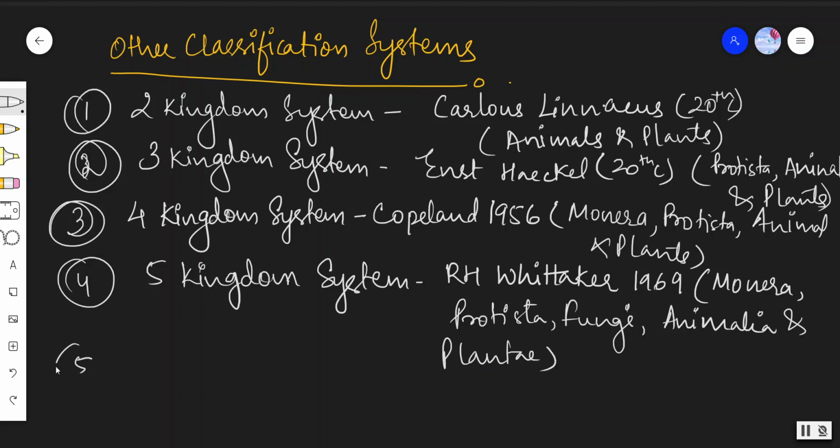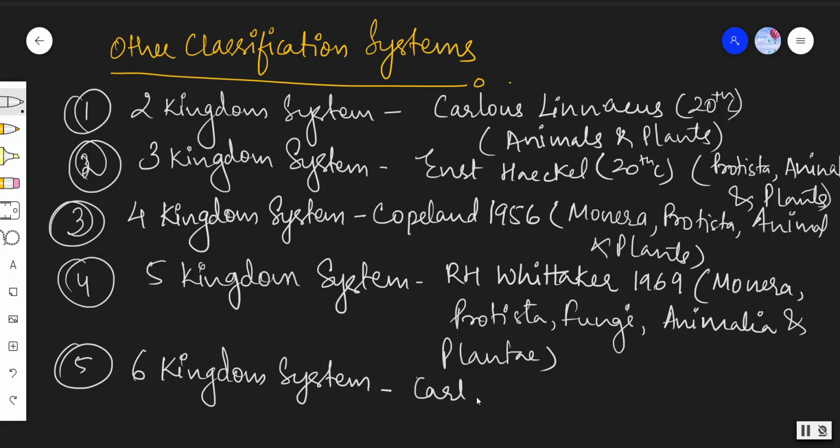Now, as a modification of the five kingdom classification, the six kingdom classification was also done, given by Carl Woese in 1990, and he divided Monera into two subgroups and made them kingdoms.